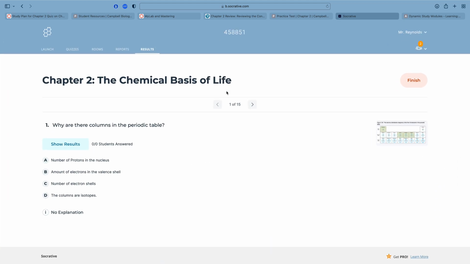I'll paste this, so head on over to socrative.com. Is this the app?